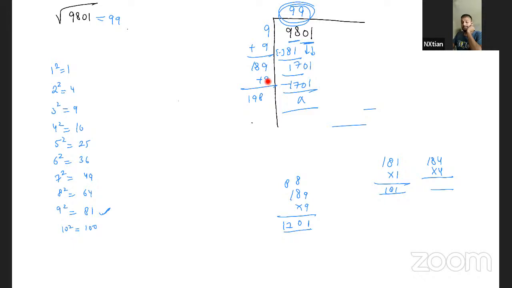In the ones place here there is 1, and in 9 nines are 81 there is also 1. That's why he chose 9. You can choose any number from 0 to 9 and check that the product is smaller than or equal to the number. If it is bigger, don't use it, use a smaller one. Understood? Then we simply multiply.